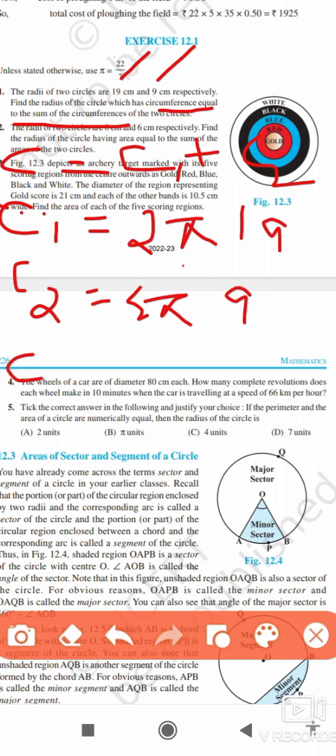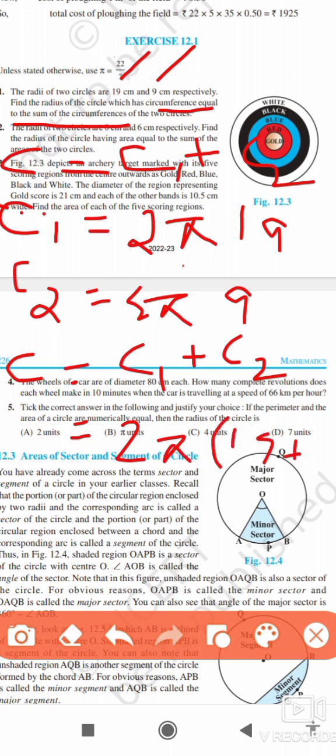So C, which is C1 plus C2, is equal to 2 pi into 19 plus 9, which is 2 pi into 28.